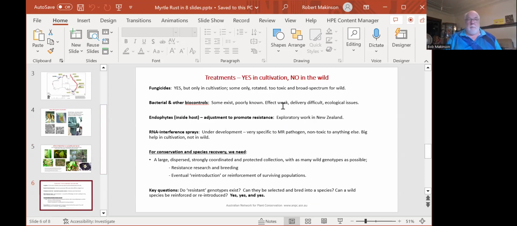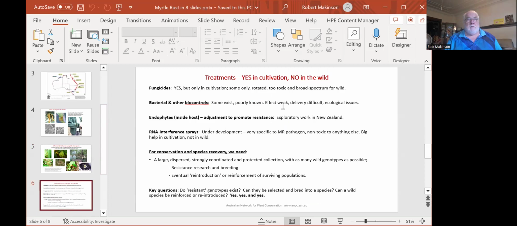Now, there are treatments for myrtle rust in cultivation. They're, for various reasons, not terribly satisfactory, and they're not by and large deployable in the wild, except at very small scales. Fungicides are effective, but they need to be used carefully and in rotation.